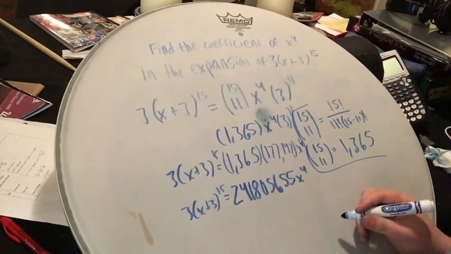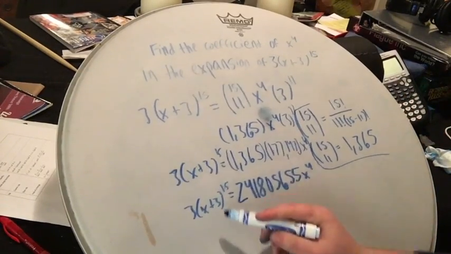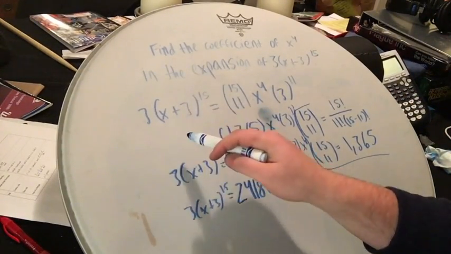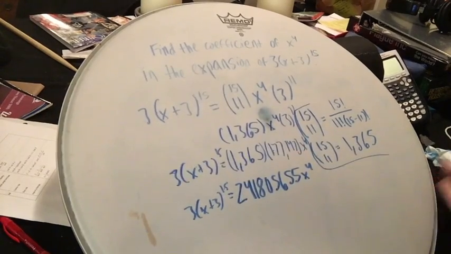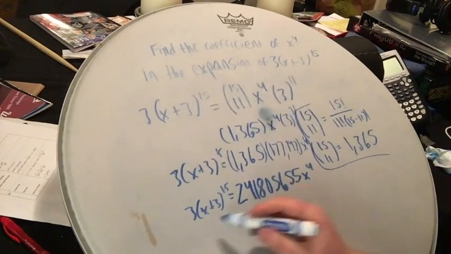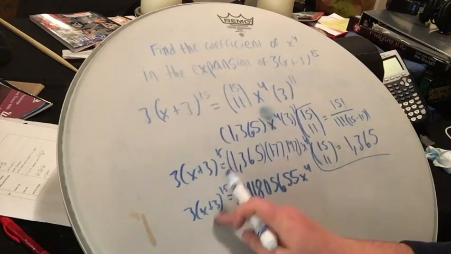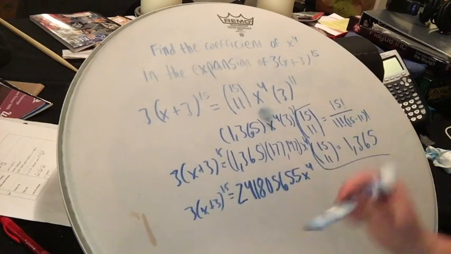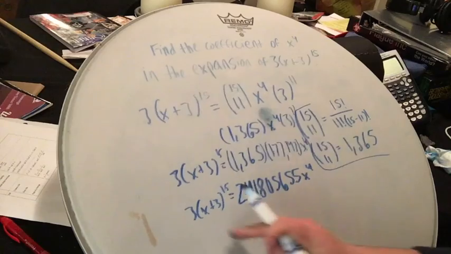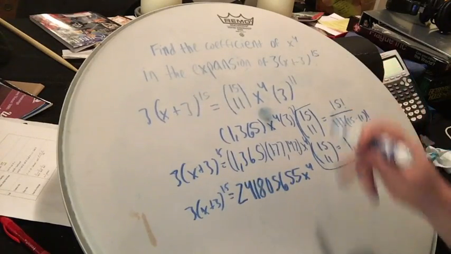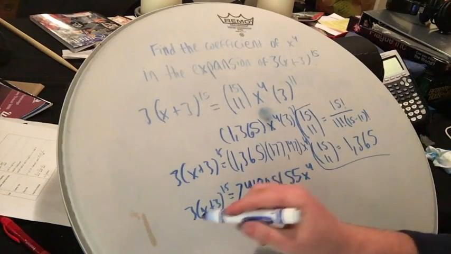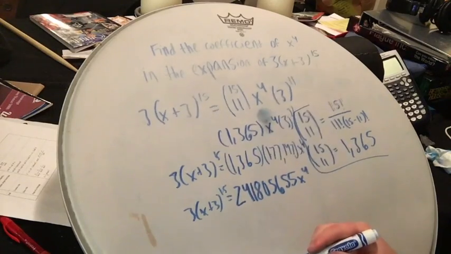But wait, that's not all. As you can see, 3 in this is a coefficient for the whole expansion. So we have to multiply this by 3 because it's right there. After we do all this, this big old number is just the coefficient within (x plus 3) to the 15th. But now we have to multiply it by 3 because 3 is multiplying every term.